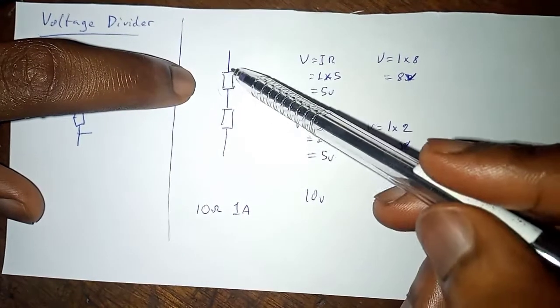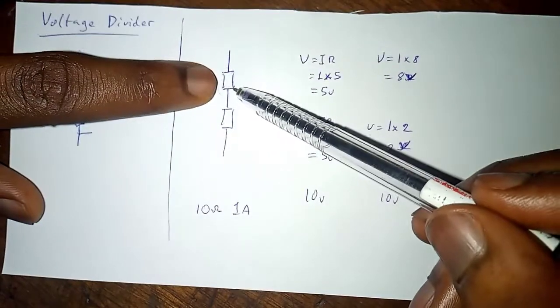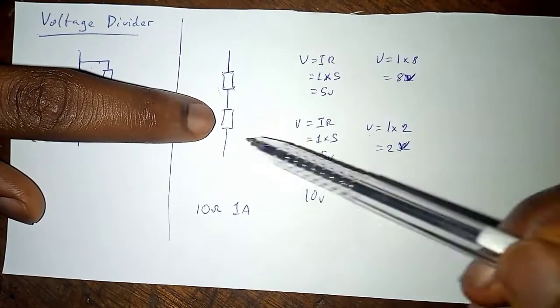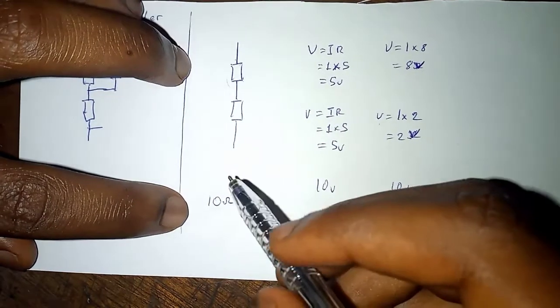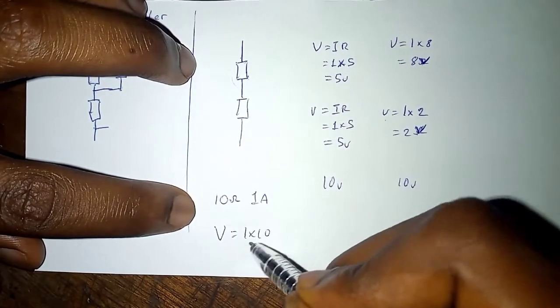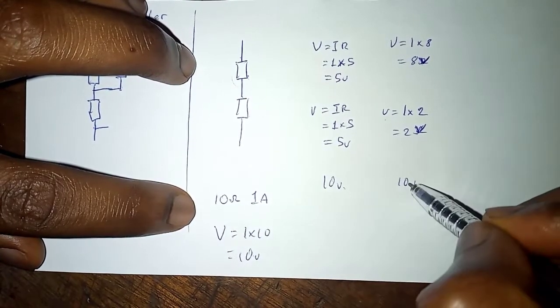The voltage is being divided due to the resistance, and you can see the greater the resistance, the greater the voltage. The smaller the resistance, the smaller the voltage. And if you wanted to calculate the total voltage from here, V is equal to 1 times 10, which is 10 volts. You can see it's the same with this.